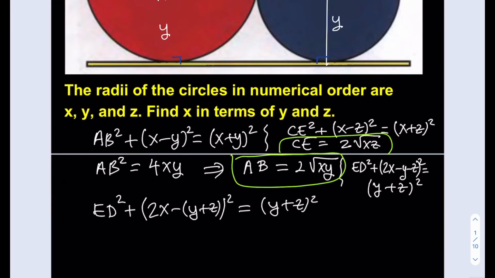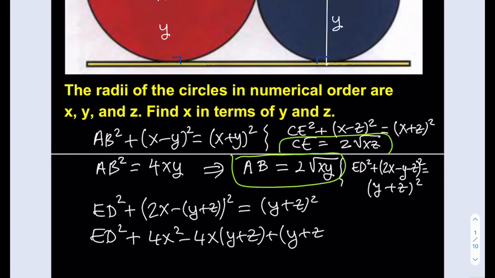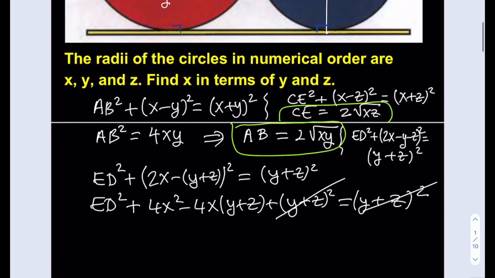If I expand it that way, it'll look like this: 4x squared minus 4x times (y plus z) plus (y plus z) squared. You're going to notice that the whole thing is going to cancel out on the right hand side, which is a good thing for us. Then if you expand this, you can get ED squared by itself.